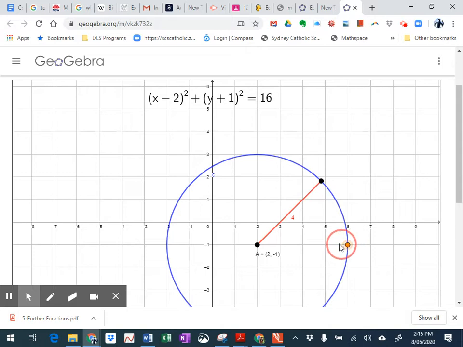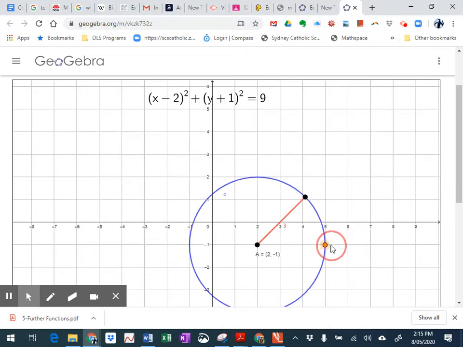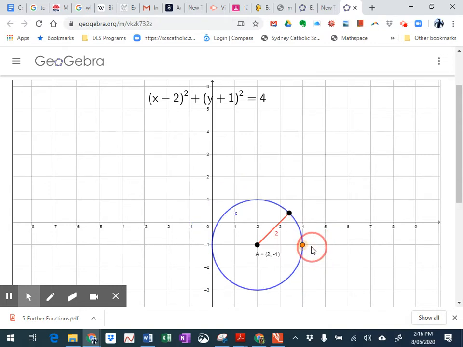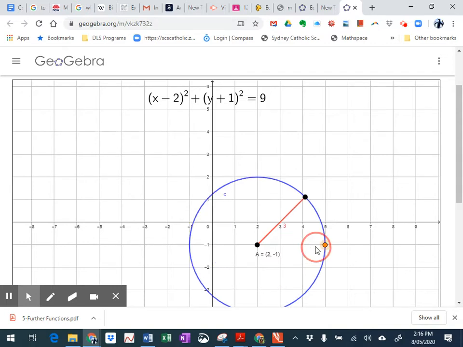I'll just change my radius again. You can see that the equation now is (x minus 2) all squared plus (y plus 1) all squared equals 9. The radius is 3 units now. Let's change the radius to 2 units. So the equation is (x minus 2) all squared plus (y plus 1) all squared equals 4.